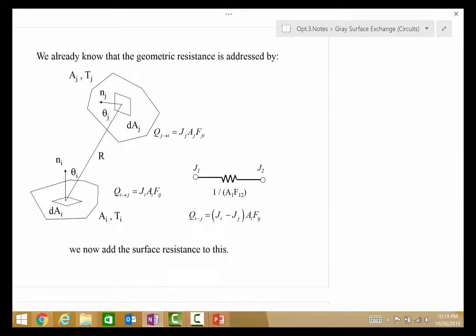So we know already that there's a geometric resistance, and that geometric resistance was simply associated with the view factors. That is the ability of two surfaces to see each other. Now what we've done is we've said that on top of that resistance, we would like to add the surface resistance. For a non-black surface, it's important to recognize that the radiation leaving the surface, the potential on the surface, is actually in terms of the radiosity.